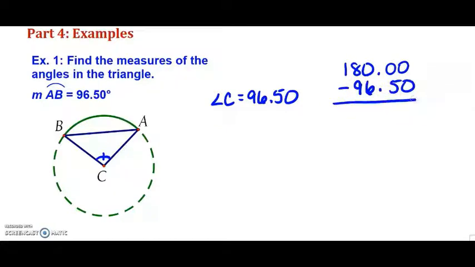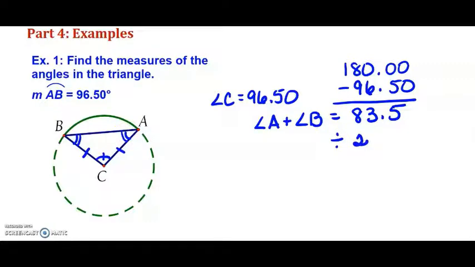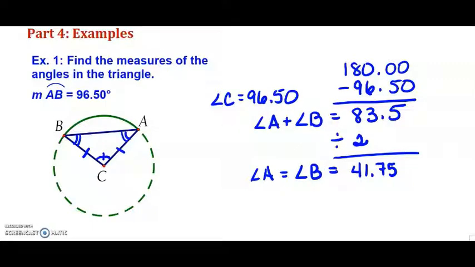So when we subtract, we get 83.50, which is the sum of A and B. Since the radii are congruent, these angles are also congruent. So I'm going to divide that by 2. Angle A is equal to angle B, which equals 41.75.